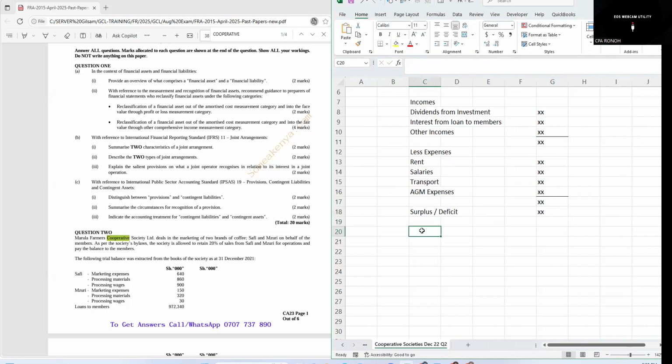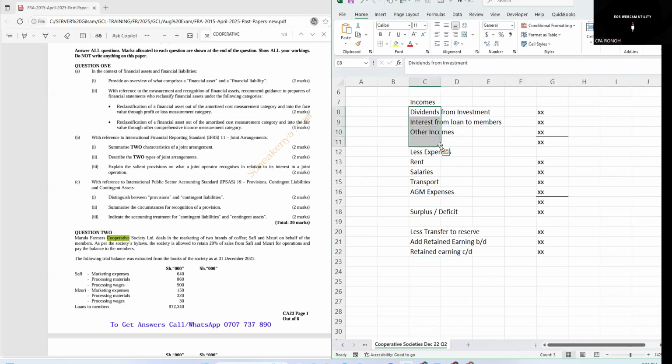That you can less transfer, if there is any transfer to reserves, you will take there, and then you add the retained earning brought forward, so that you get the retained earning carried forward.